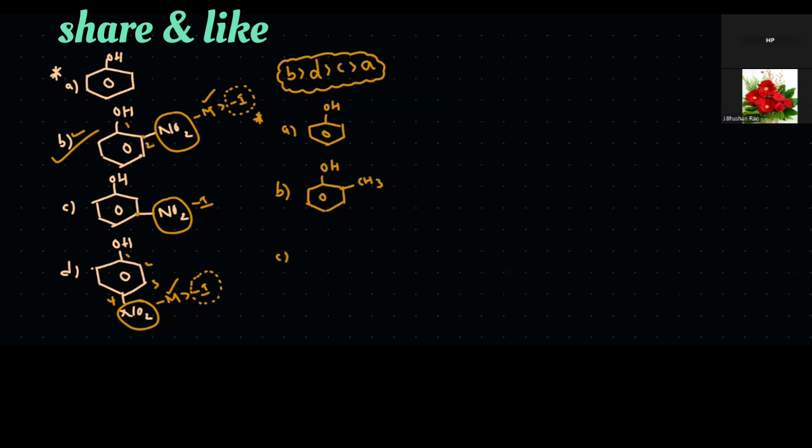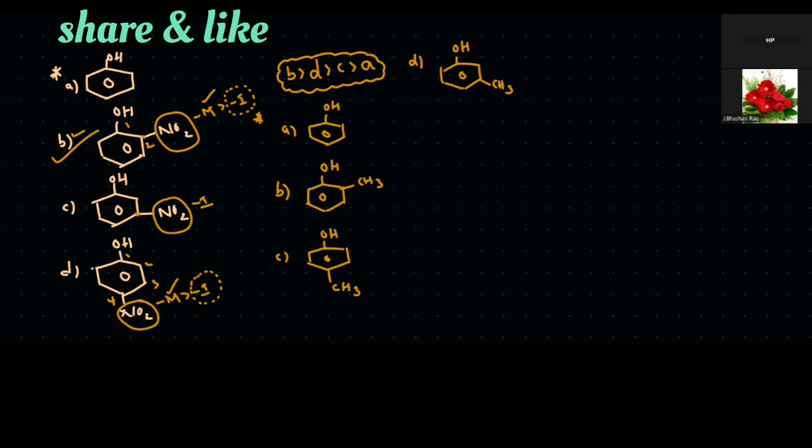Next, C, phenol with one CH3 group at the para position. Next, D, phenol with one CH3 group at the meta position. In this given condition, A is always the neutral one only.